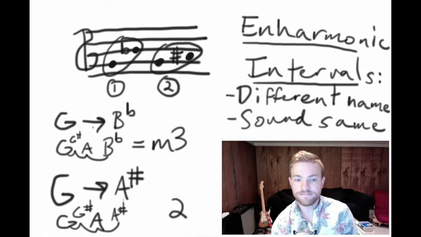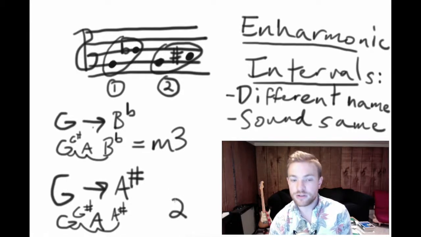Because we only have two letters in there. It's only G to A, right? So it's some kind of second. But it's a second that includes three chromatic half steps. A normal major second would have two chromatic half steps. And if you recall, if we lengthen a major interval by one half step, it becomes an augmented interval. So this would be an augmented second.